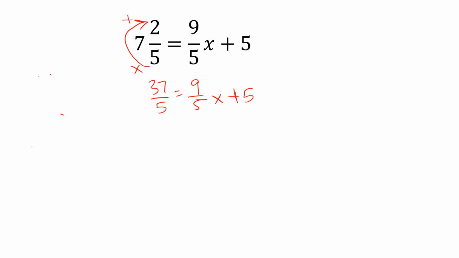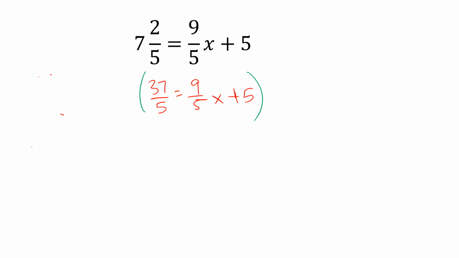Okay, now the pain in the butt right now is we have fractions in the equation. So how about we get rid of the fractions? This is what we can do. Pay close attention. I'm going to put it all in parentheses and multiply everything by the common denominator. We only have one denominator.